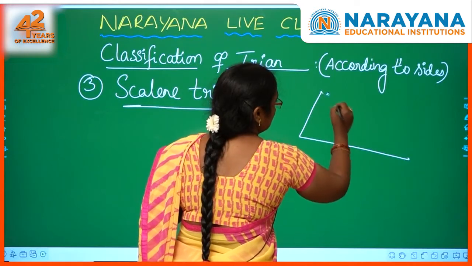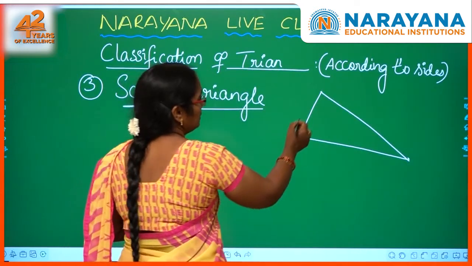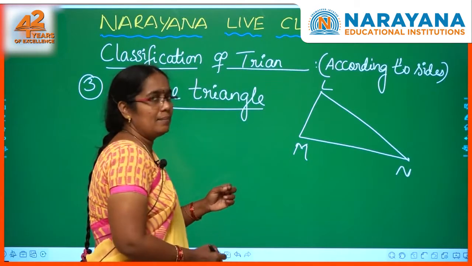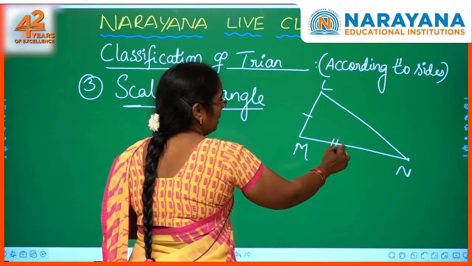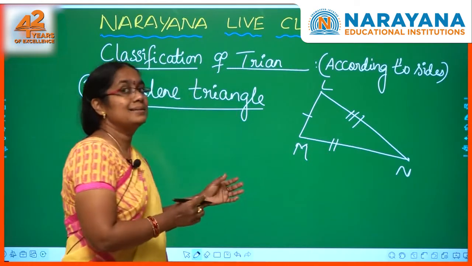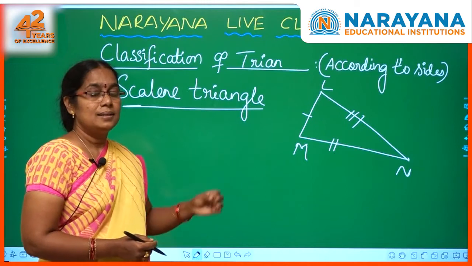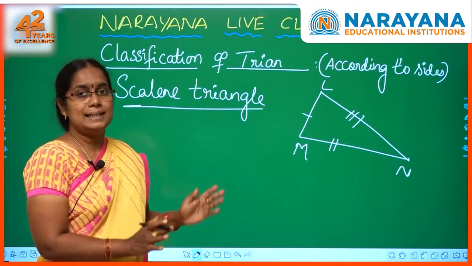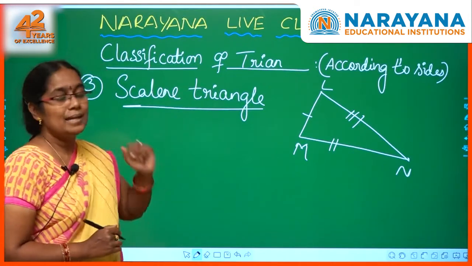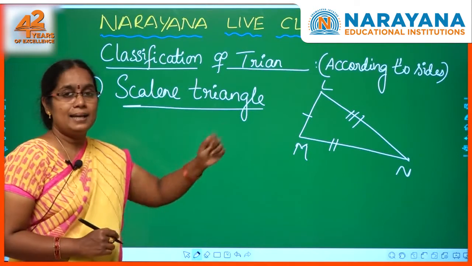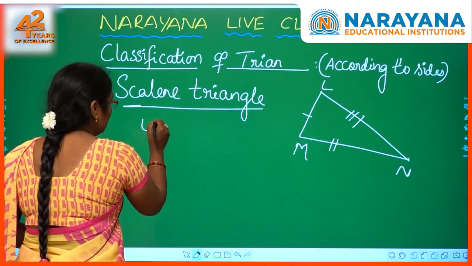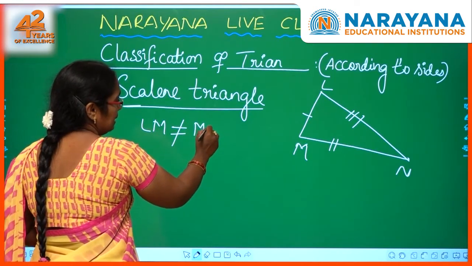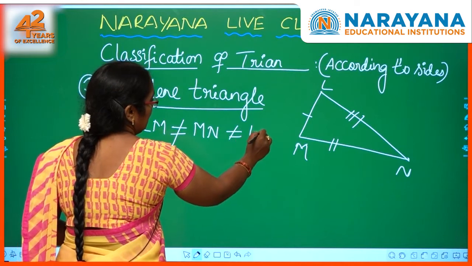Let me draw a figure. Look at this. Suppose it is triangle LMN. In the triangle LMN, LM length, MN length and LN length, their lengths are different. I have marked with different symbols, means their lengths are different. So here no two sides are equal. Therefore, we can call the triangle a scalene triangle. So LM length is not equal to MN length is not equal to LN length.